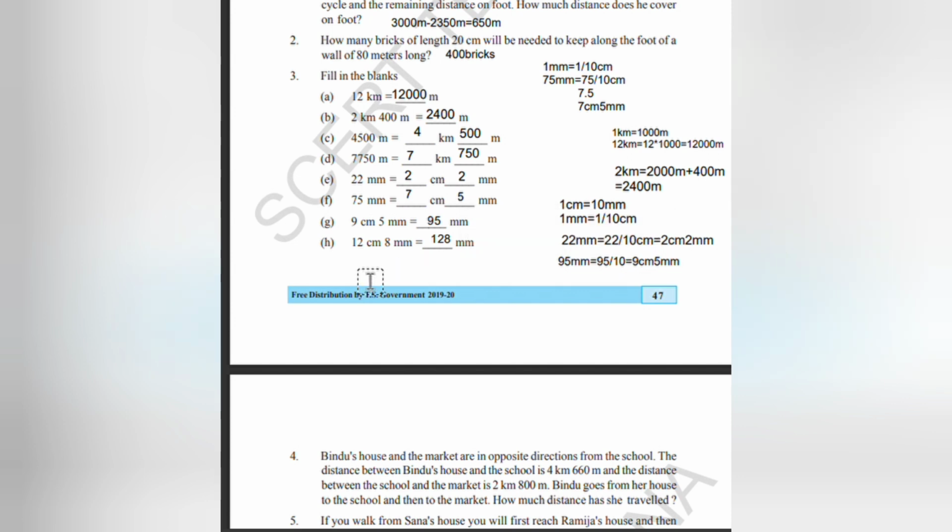In the same way, 128 millimeter is equal to 12 centimeter 8 millimeter.